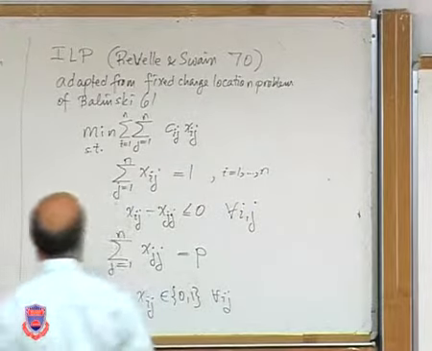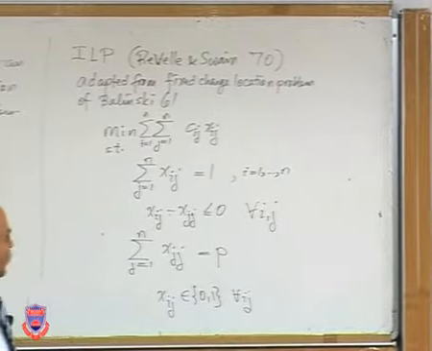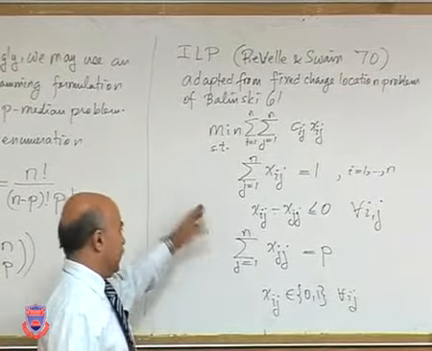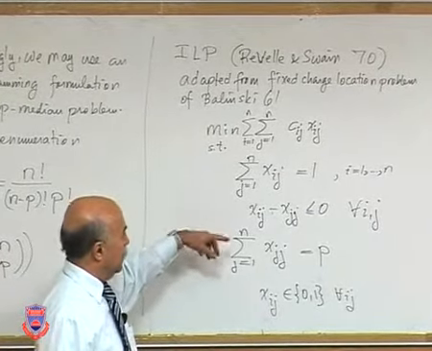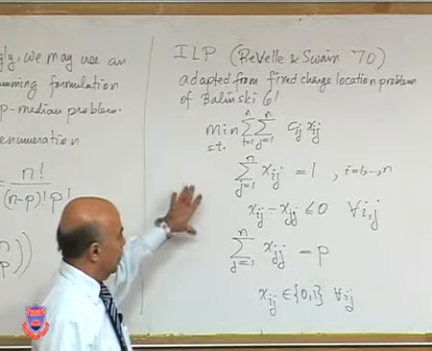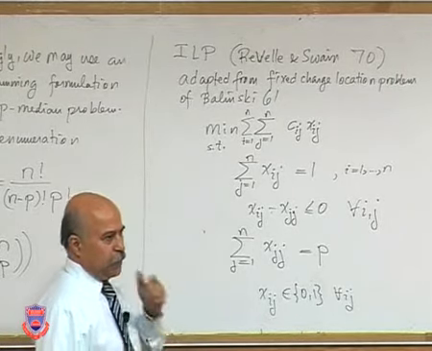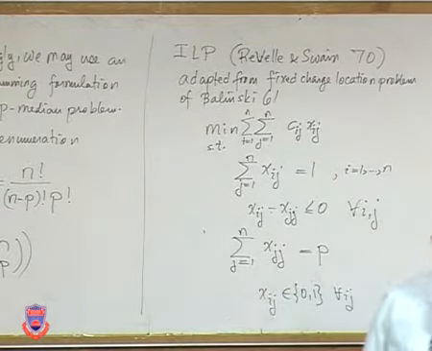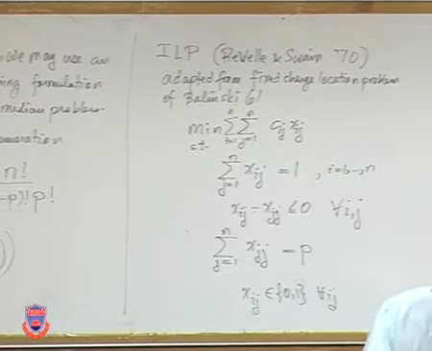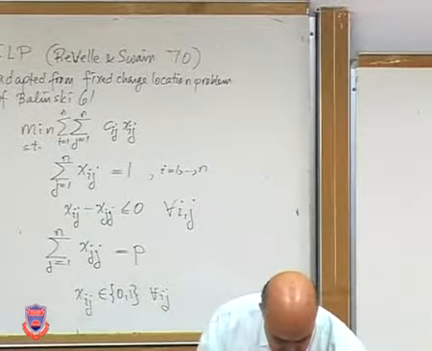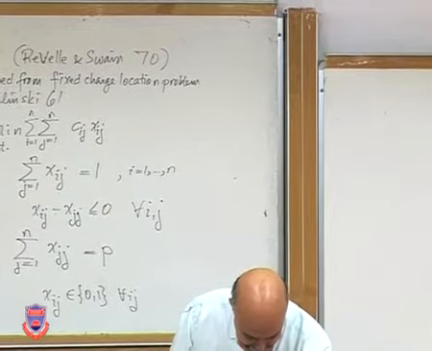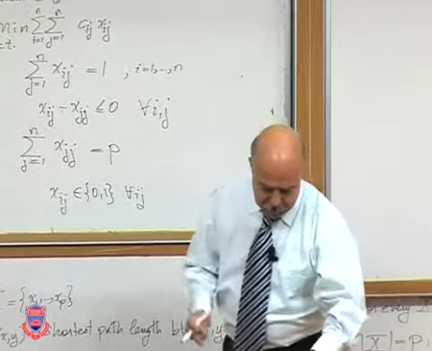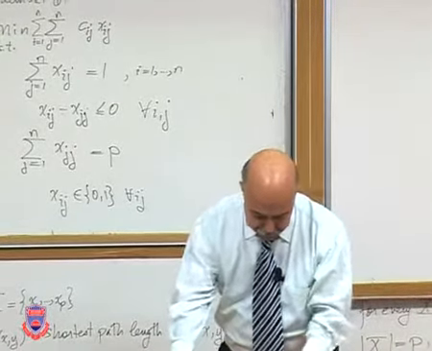To my knowledge, the largest size problem solved using related techniques, not just the regular branch and cut, was due to Beasley. I think he solved something like 900 nodes. Let me see if I have it in my notes here. Beasley in 85. Let me give you this information.